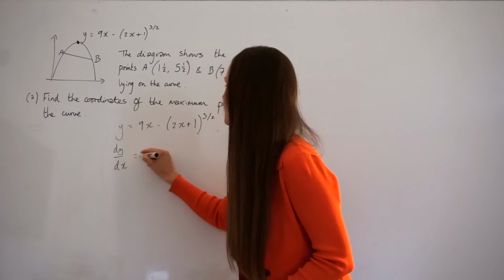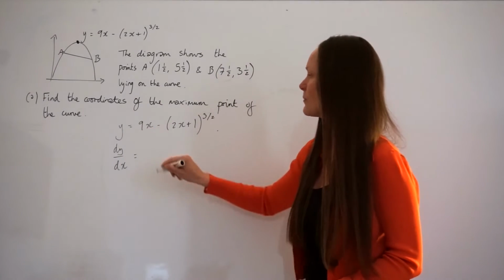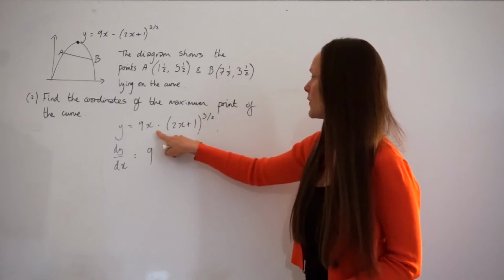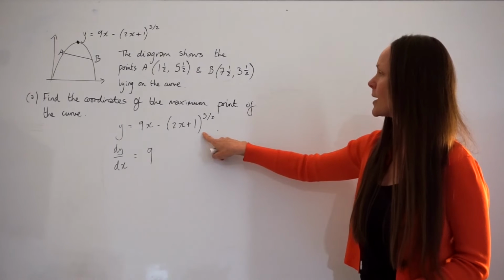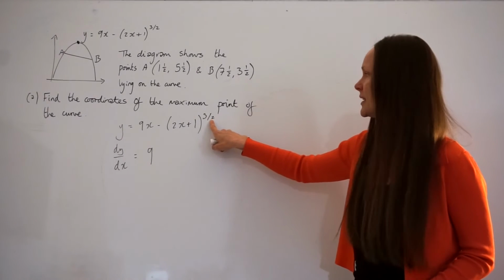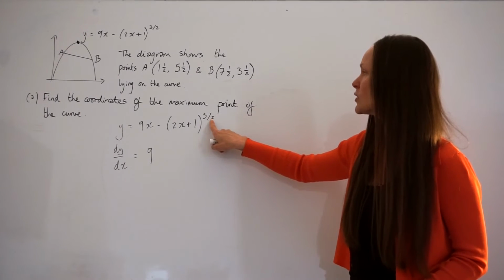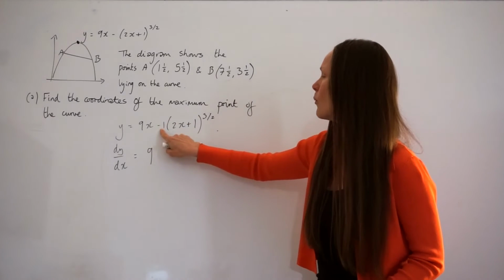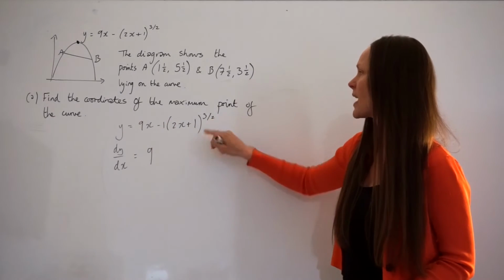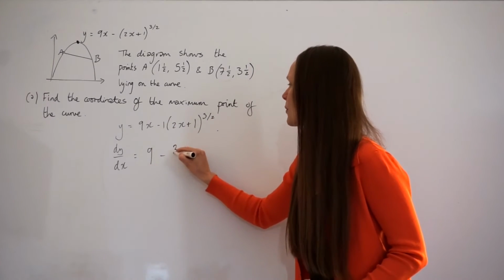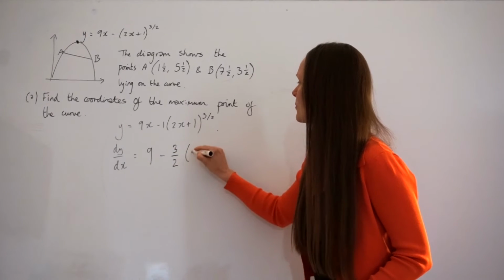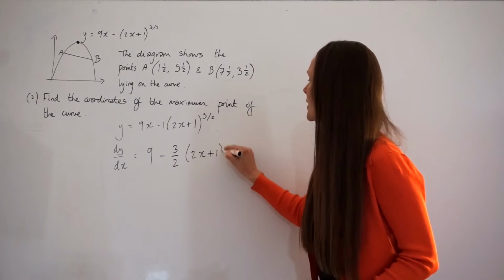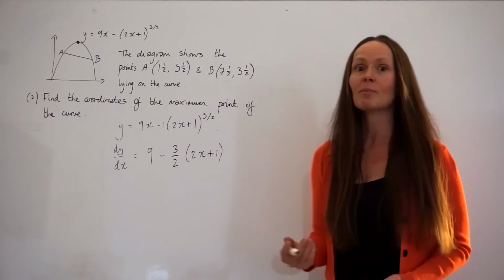So if I differentiate 9x, I'm just left with 9. And if I differentiate this part of the equation, I must take the power here, so 3 over 2, and multiply by this power. So it's like saying negative 1 multiplied by this power is negative 3 over 2. Remember, the brackets remain the same, but the power reduces by 1.